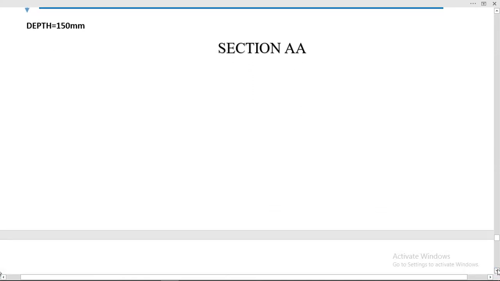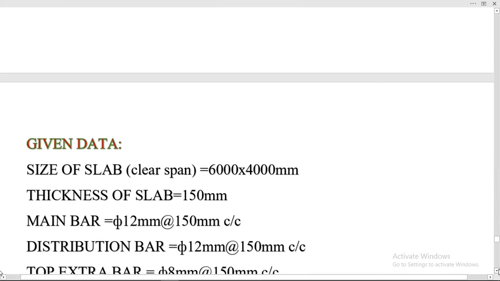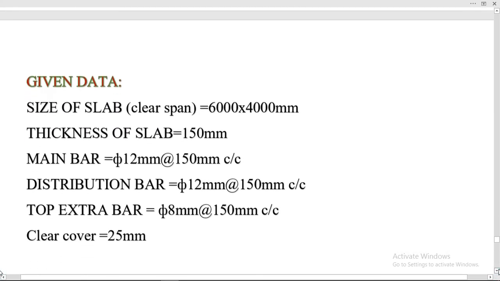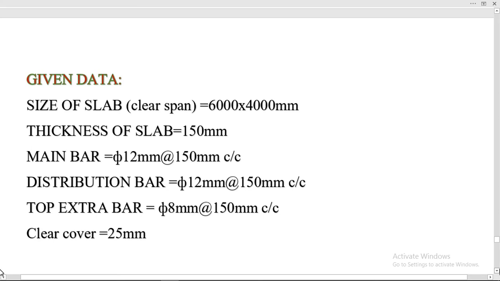So let me first calculate the number of bars of main bar, distribution bar and top extra bar. Then we will calculate the cutting length of main bar, distribution bar and top extra bars. Finally we will calculate their weights.